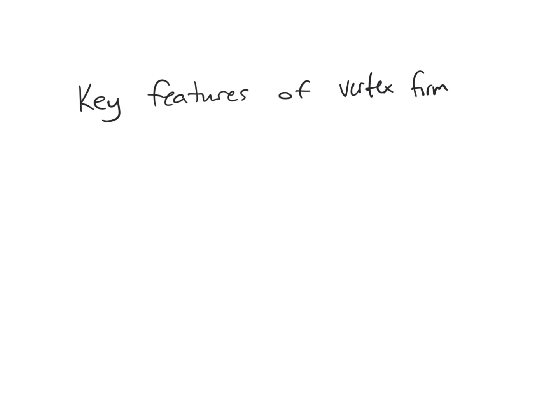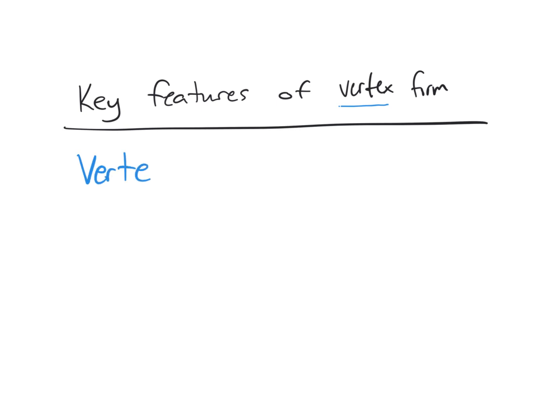What is the number one most important thing of both forms? What do we care about the most? It comes from the word vertex. Vertex. So key features, vertex. Where do we get the vertex from in our vertex form? K and the other one. Yep, h and k. That's where our vertex comes from.